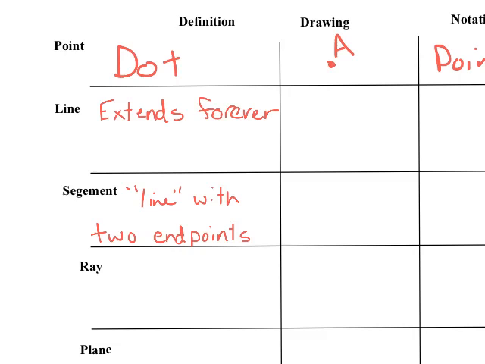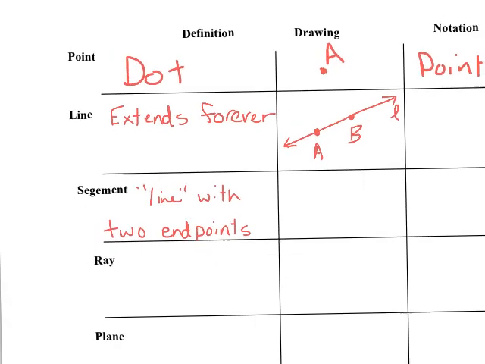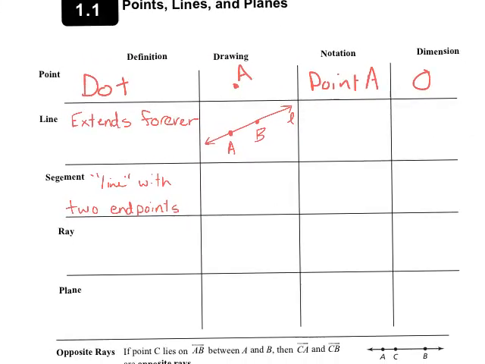Drawings of these. Lines are going to have arrows on them displaying that it goes on forever. Segments are just going to end at points. So generally, lines have points on them, or there's just a little letter at the end naming the line. We can name this line in 3 different ways.